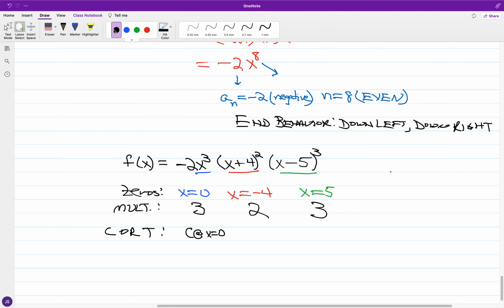And we have next, okay, have an even multiplicity that's going to touch at x is equal to -4. And again, 5 has an odd multiplicity at 3, so it's going to cross at x equal to 5.